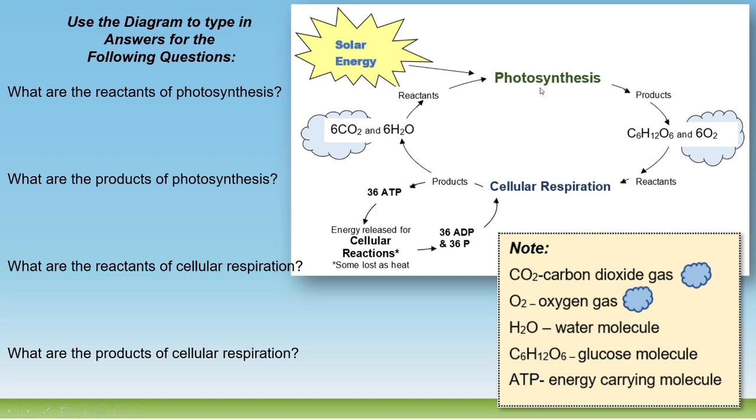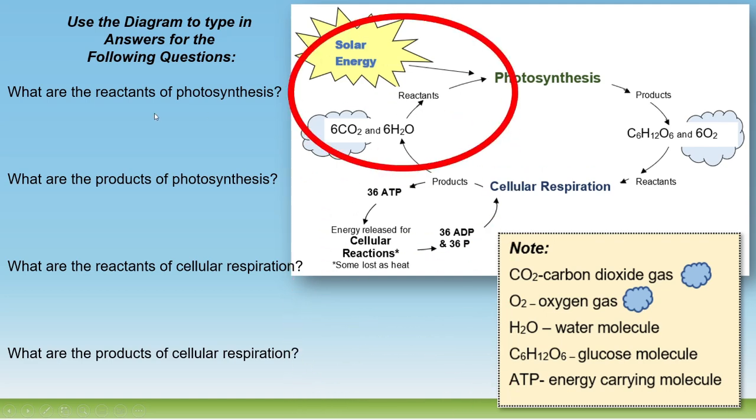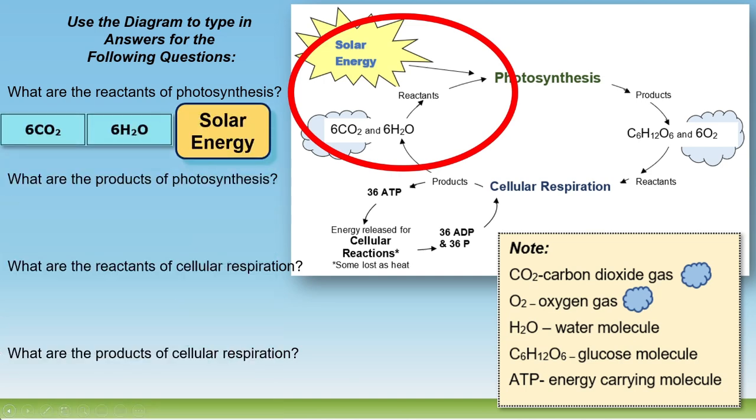Here's photosynthesis. Here are our reactants. The reactants for photosynthesis are going to be your 6CO2, or 6 carbon dioxide molecules. Make sure you're writing that down underneath number 1.